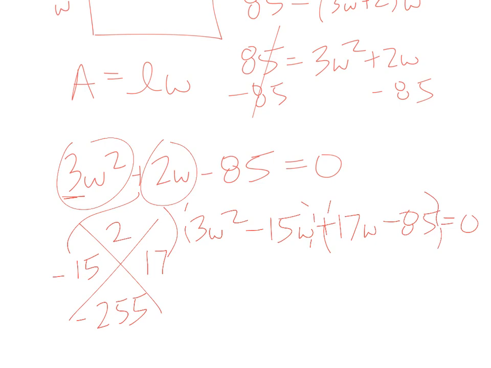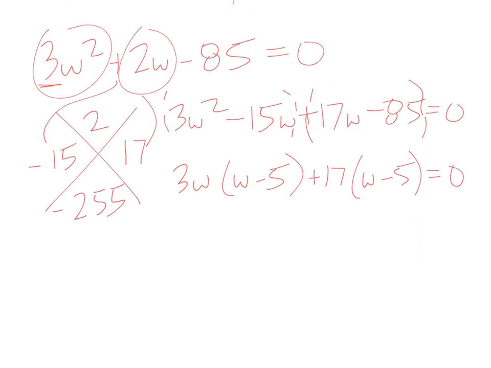Alright, so the first group I could factor out a 3w, leaving with w minus 5. The second group I could factor out a 17, leaving with w minus 5. Okay, so I have w minus 5 then, and what's left over is 3w plus 17.